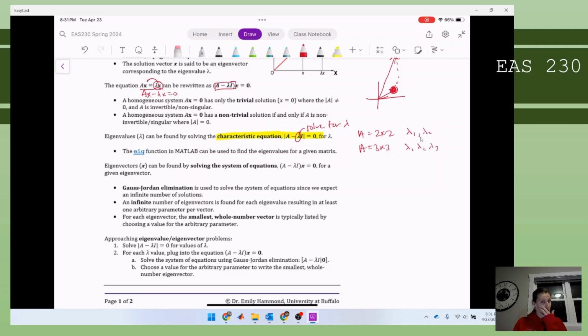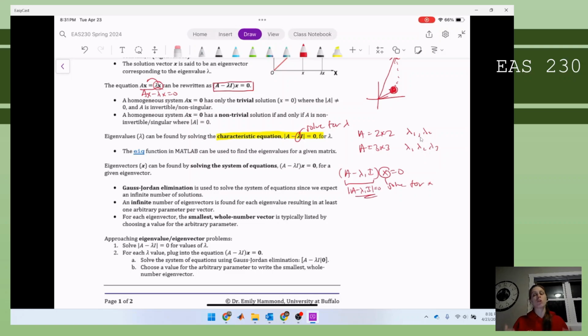Then I'm going to plug them into this system one at a time. Plug in my lambdas, plug in A minus lambda 1 I times x equals 0, and solve for x. Note, the determinant of this equals 0.